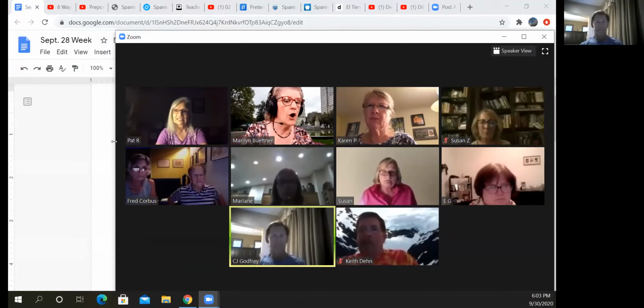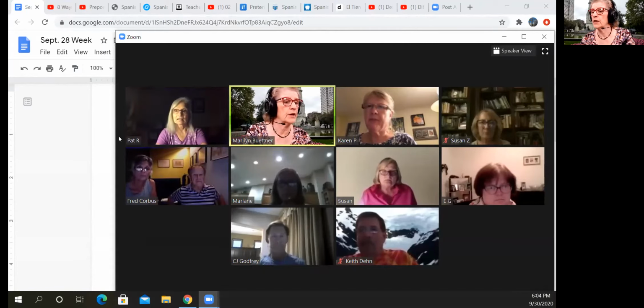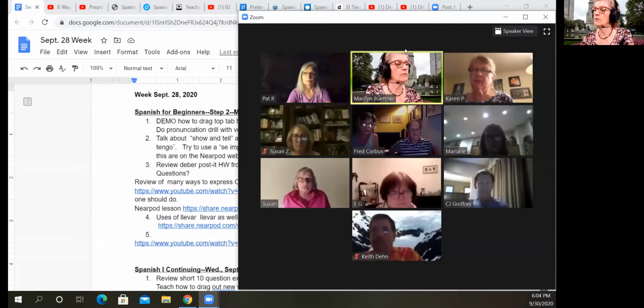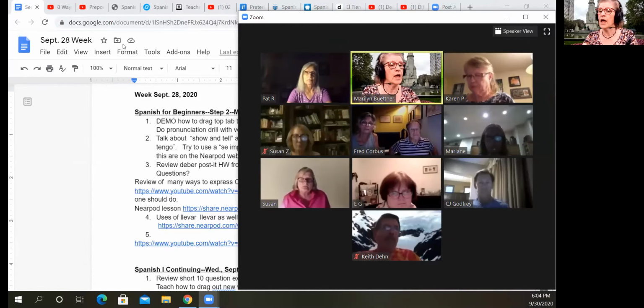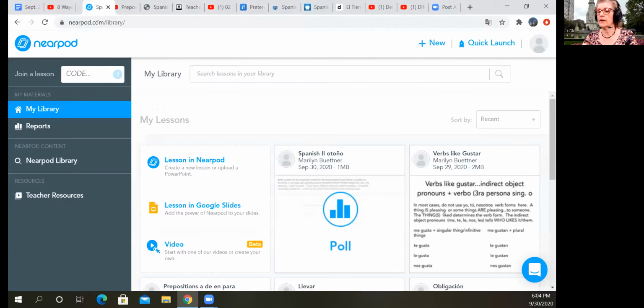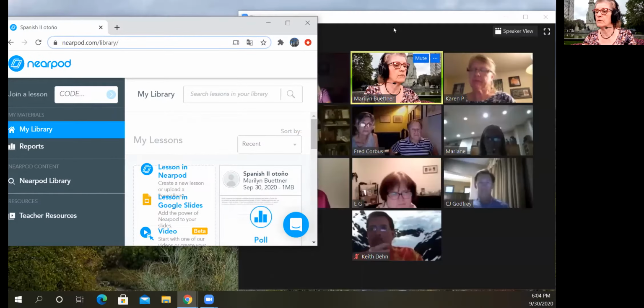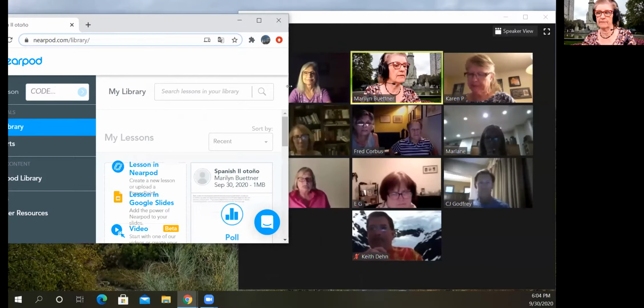Okay, what you should be able to do is to not totally minimize and send it to the bottom, but make your Zoom screen smaller, like half of your screen. And then take any other screen you want, and have them side by side.